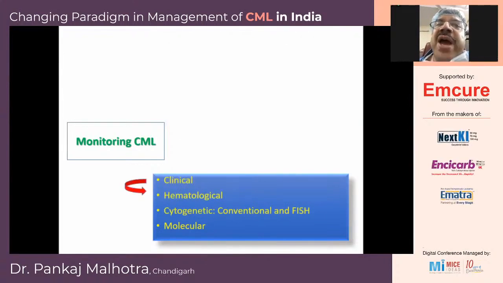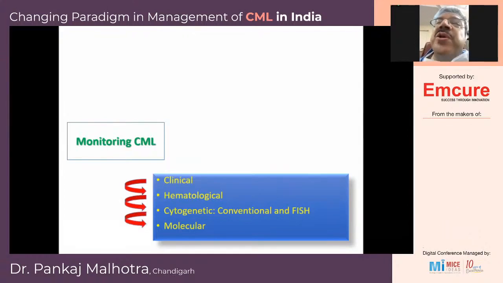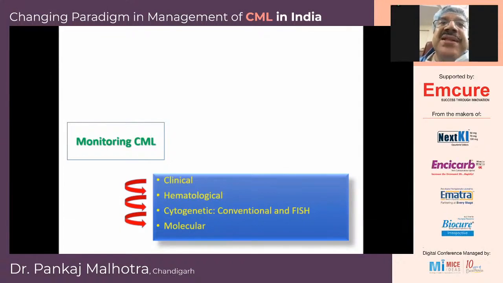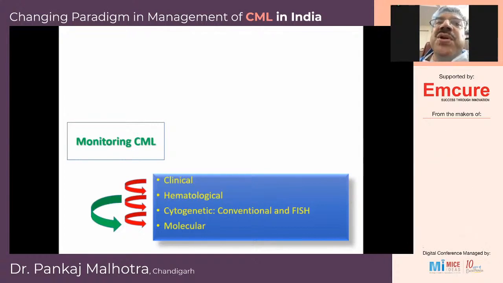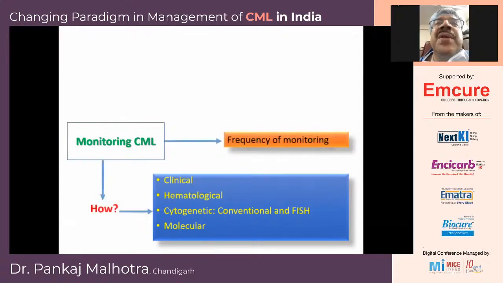Now, once you have a clinical remission, you have to look at the hematological remission, look at the cytogenetic remission, and then look at the molecular remission. However, once the patient has achieved hematological remission, you can directly go to molecular remission also, because these days, we don't have many labs who are doing cytogenetics.